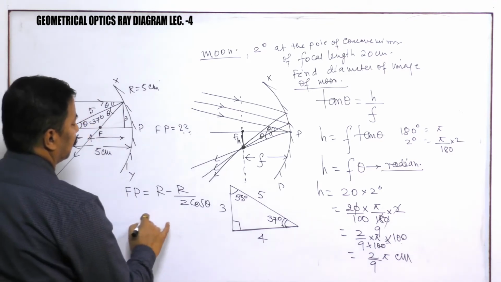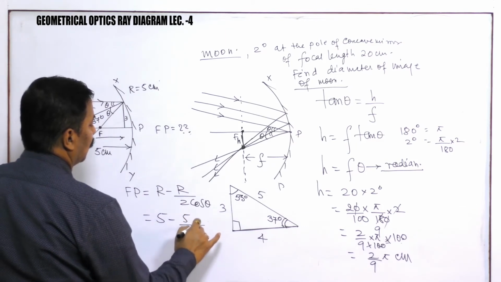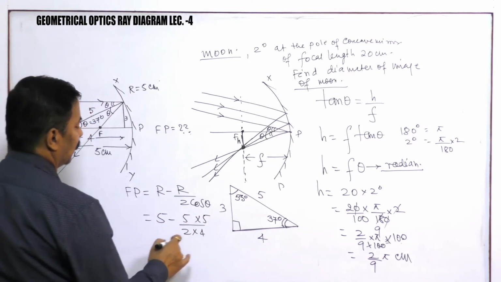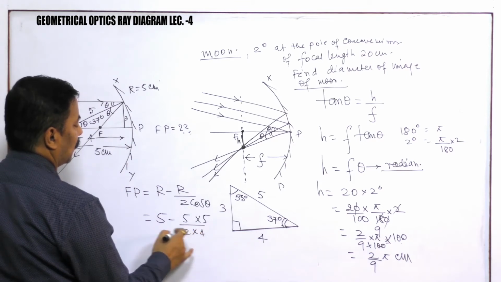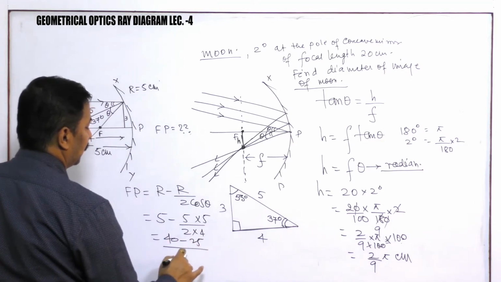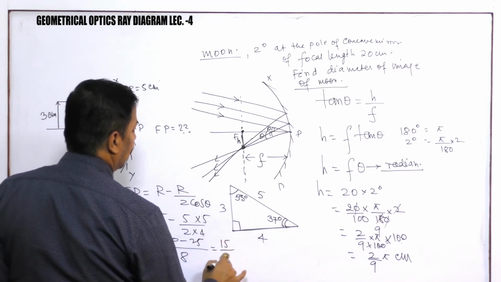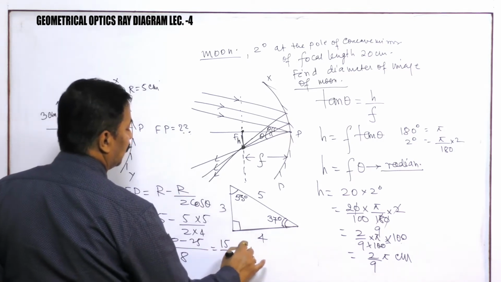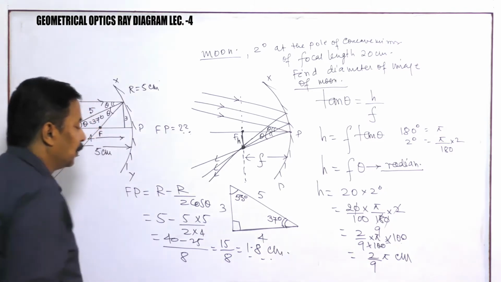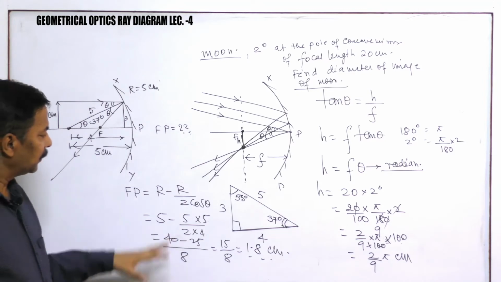So this will be 5 minus 5 by 2 into 4 by 5. 5 will go in the numerator, and so you are getting 40 minus 25 by 8, and this is giving you 15 by 8. So it is approximately 1.8 something centimeter. Now you see, according to F is equal to R by 2, 40 minus 15 is.